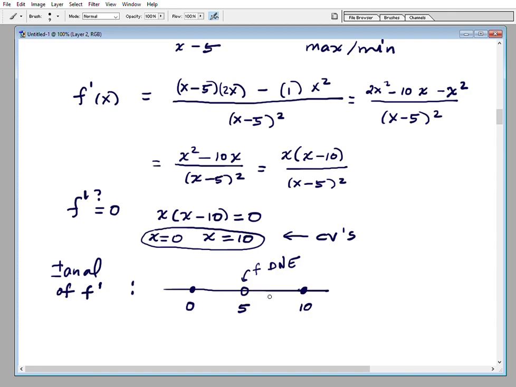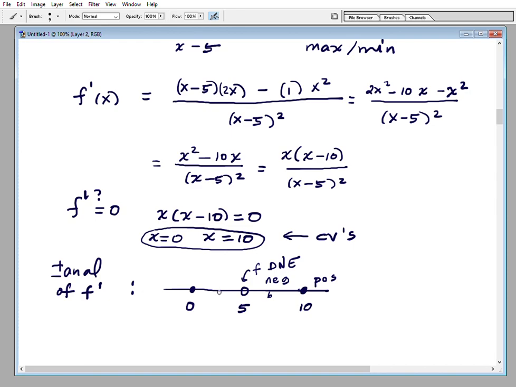Plus-minus analysis is pretty straightforward. Here's my f prime, put an 11, and we have positive, positive. The denominator is always positive because of the squaring. Put in a 6, let's say, and we have positive, negative, and this is always positive, so that's negative.